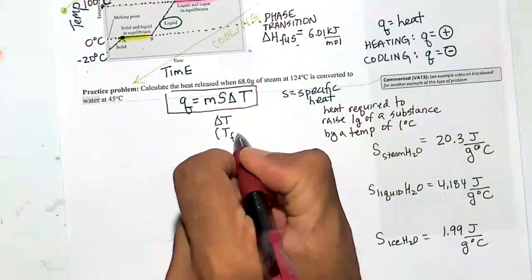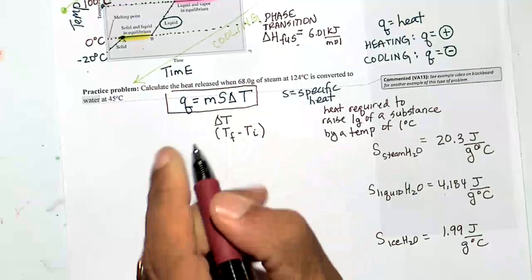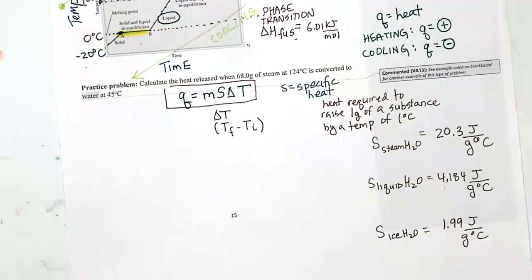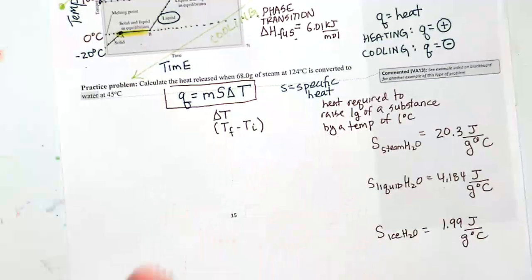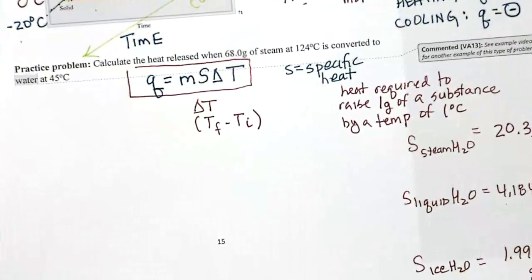Change in temperature. It's the final temperature minus the initial temperature. With this equation and these constants, we should be able to solve this problem.